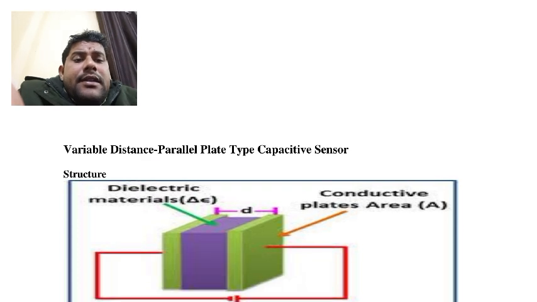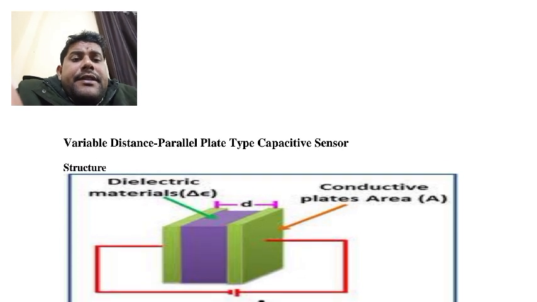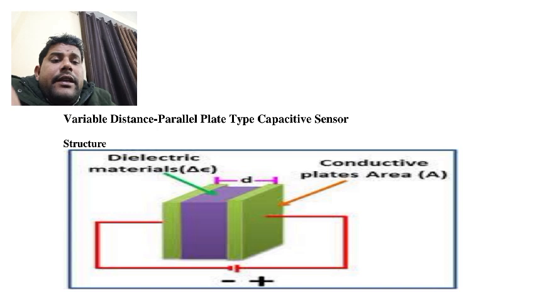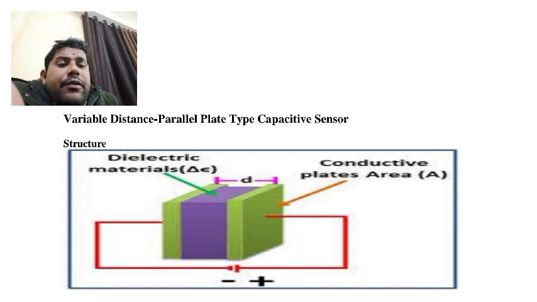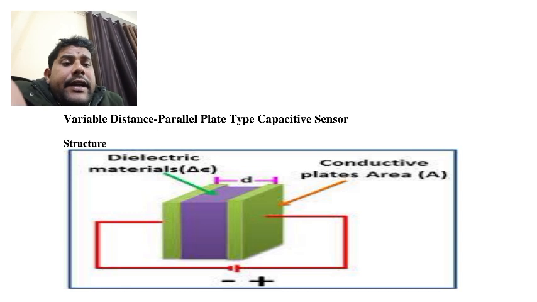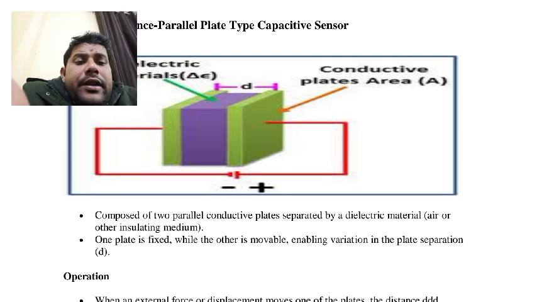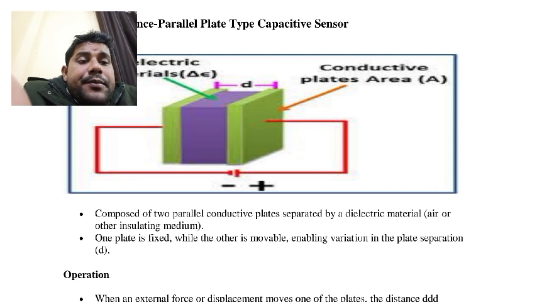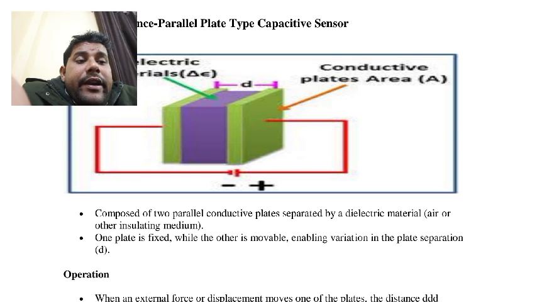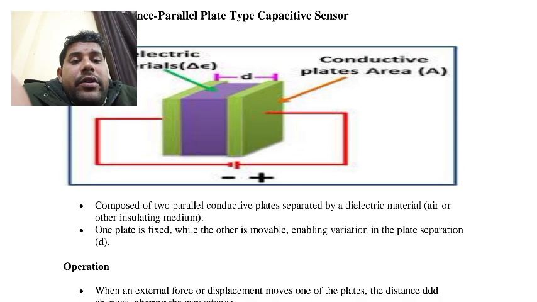In the variable distance capacitance, the dielectric material is shown in blue color, and the conductive plates of area A are the green ones. It is composed of two parallel plates separated by a dielectric material, air or another insulating medium.